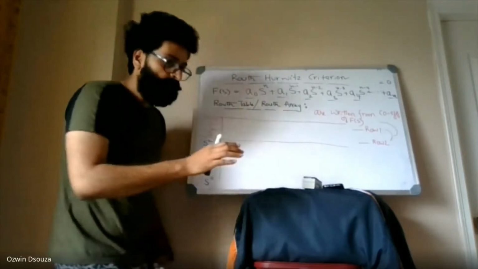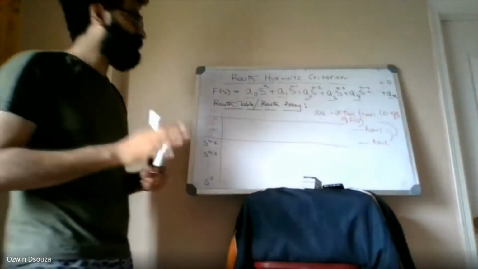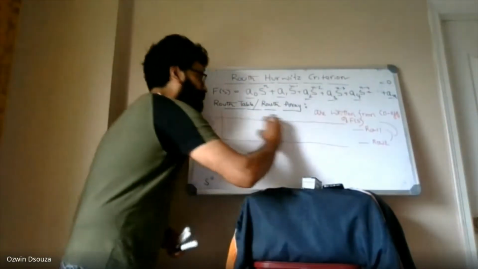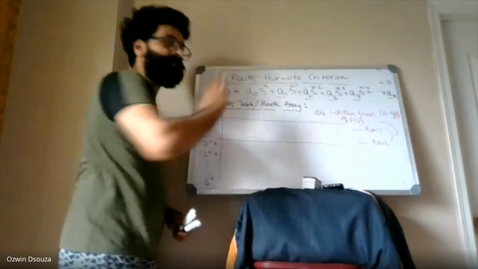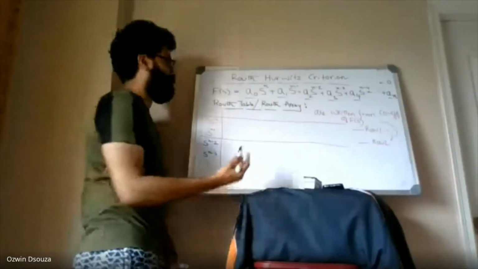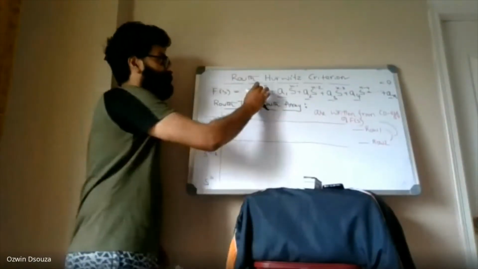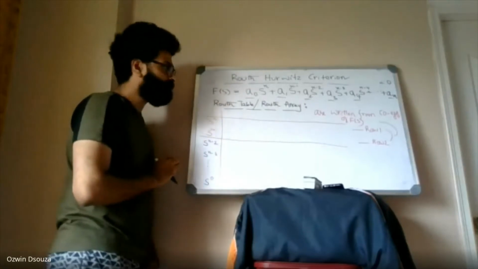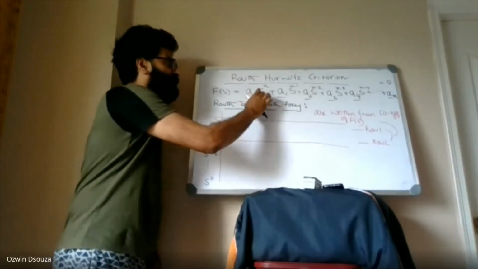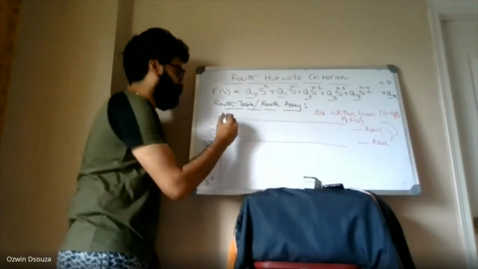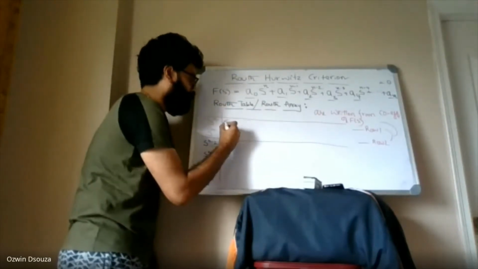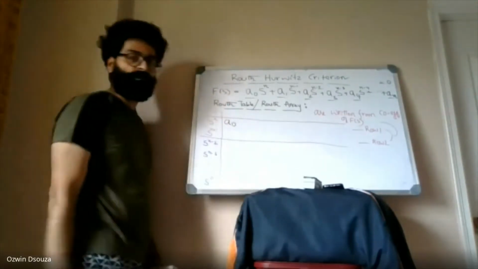What do you mean by that? My highest power of s is s to the power n, and my corresponding coefficient is a naught. So my first coefficient is going to be a naught.